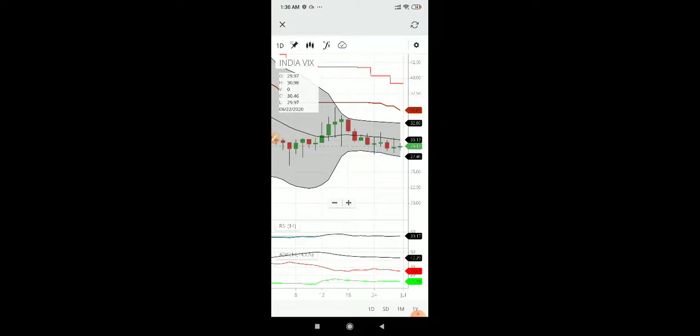See here, RSI is 39, it's clearly negative sign for VIX, and ADX also, ADX negative line is upper, that is red line is above the green line, it is negative sign for VIX, that is VIX is in decreasing mode, and ATR trailing stop loss and super trend also is above the closing price of the VIX.